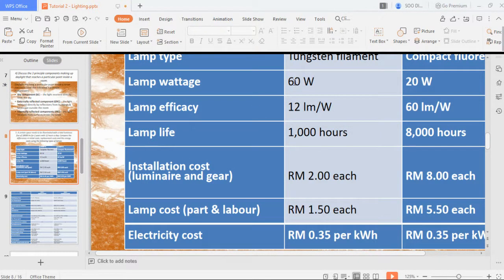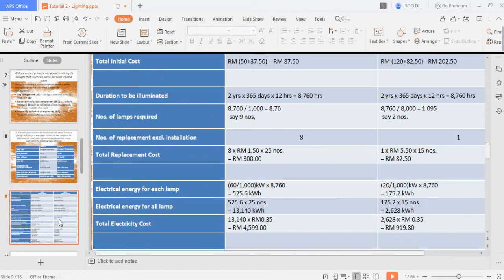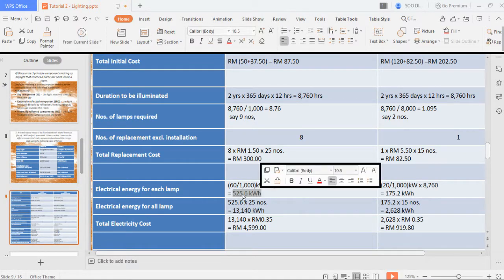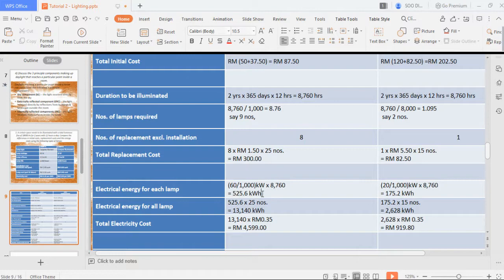So we divide by 1,000 to make it into kilowatts, and we just multiply it by the duration required. You'll get the amount, which is 525.6 kilowatt hours. With that, you multiply by the number of lamps you require, which is 25, and you'll get a total of 13,140 kilowatt hours.